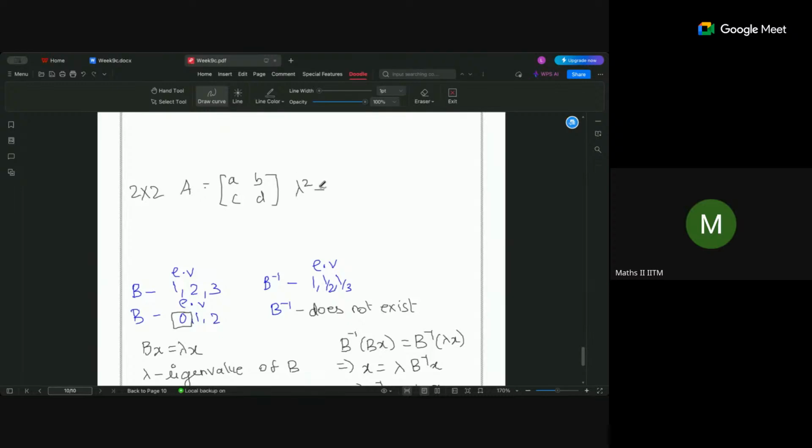Something of this type. So once you have computed the characteristic polynomial, how will you verify whether your calculation of the characteristic polynomial is correct or not? What is P and what is Q? Can you just look at the matrix and write them, for 2 by 2 at least?